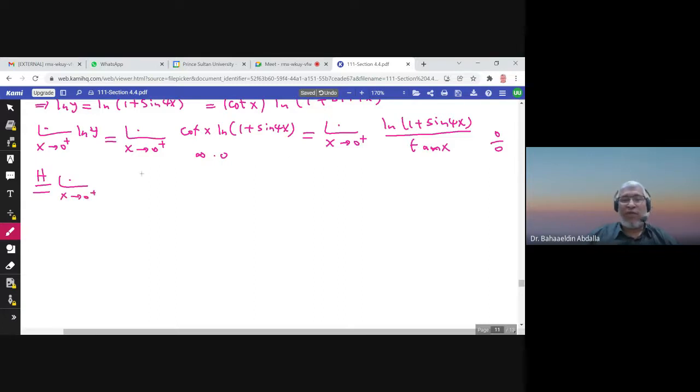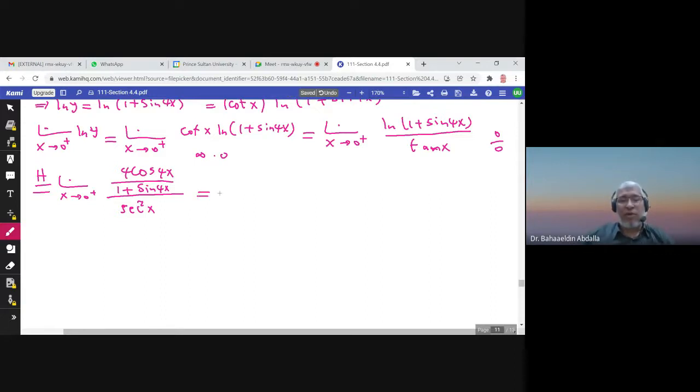The derivative of ln is 1 over 1 plus sine 4x times the derivative of 1 plus sine 4x, which is cosine 4x times 4, all of this over the derivative of tan x, which is secant square x.